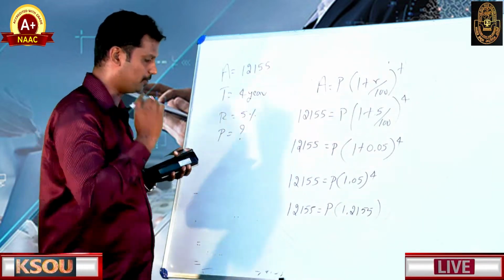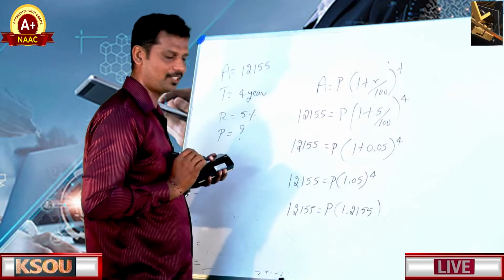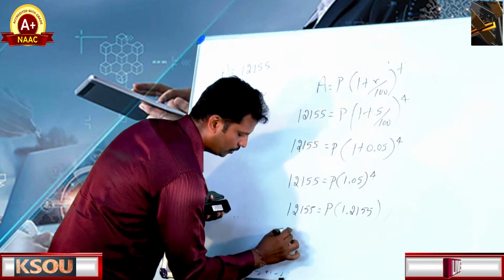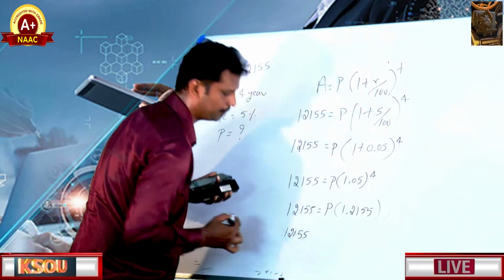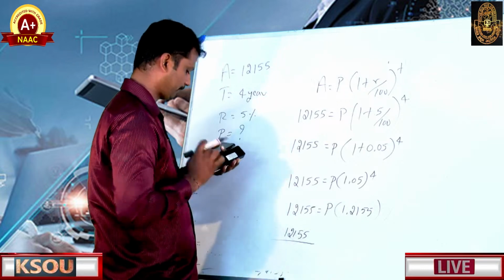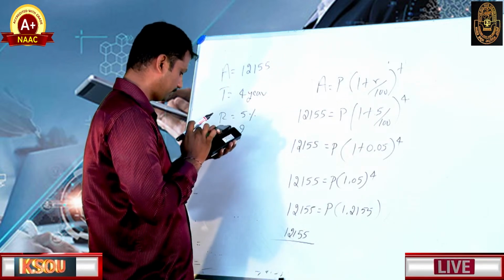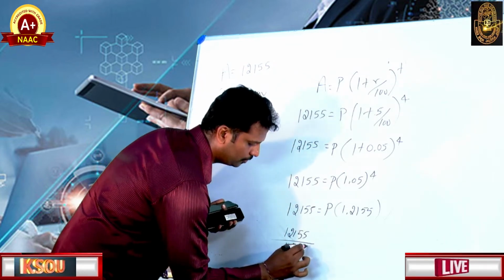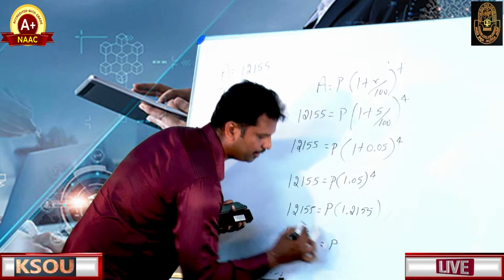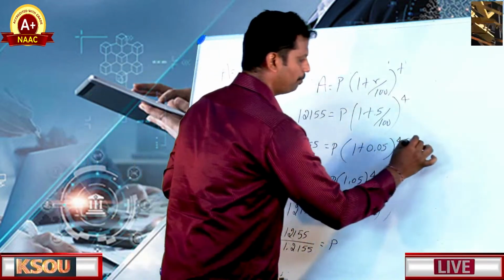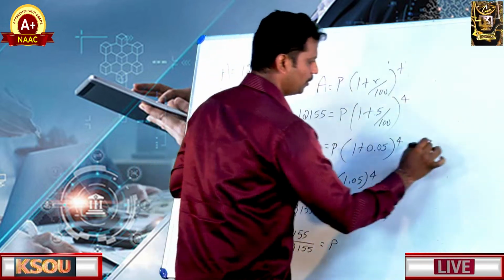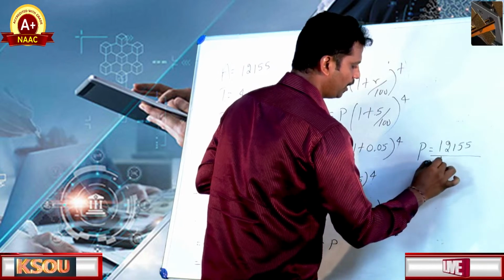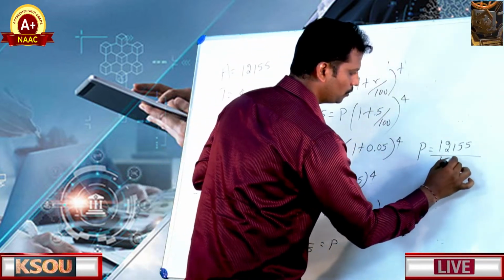Okay. So now we can just cross multiply. Once it comes to this side, it will become a denominator. 12,155 divided by 1.2155 equals P. Now the P value equals 12,155 divided by 1.2155.